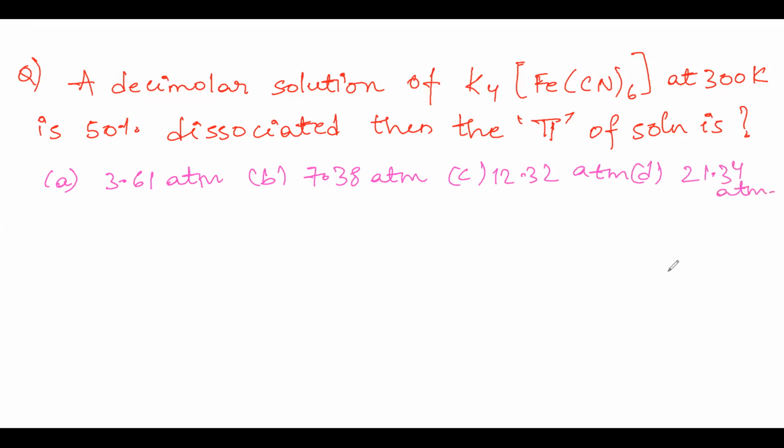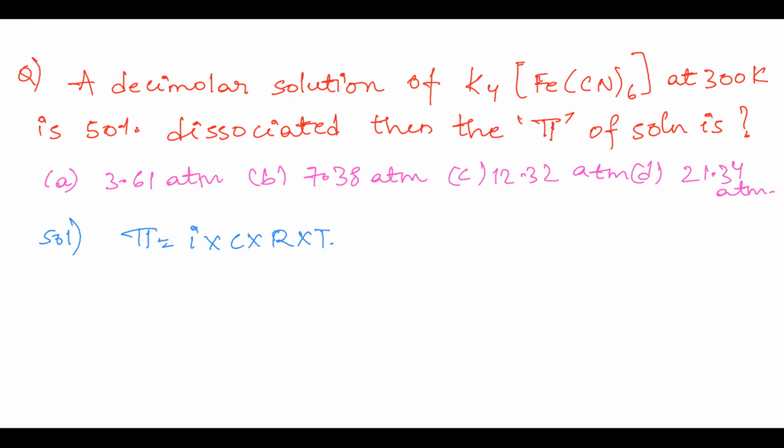So already we know pi is equal to i into C into RT, since they have given an electrolyte. If they had not given the percentage of dissociation, directly the i value is equal to 5 we could write. But since they have given 50% dissociated, first we will find the i value for 50% dissociation.